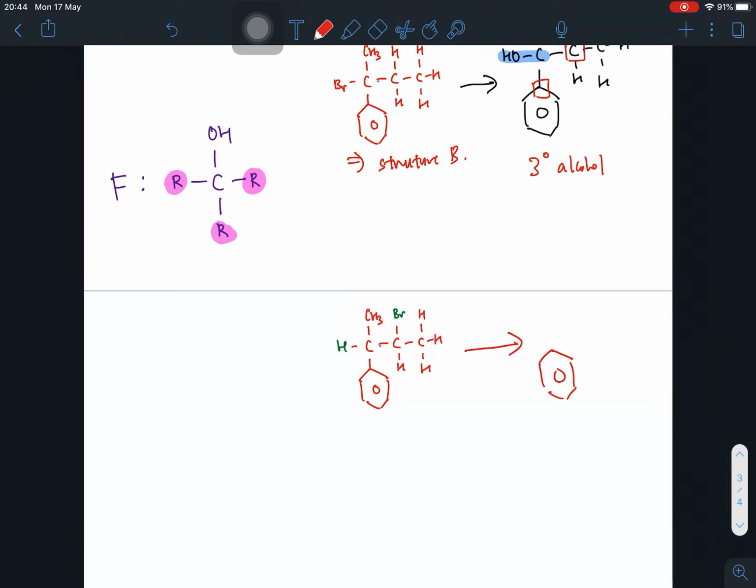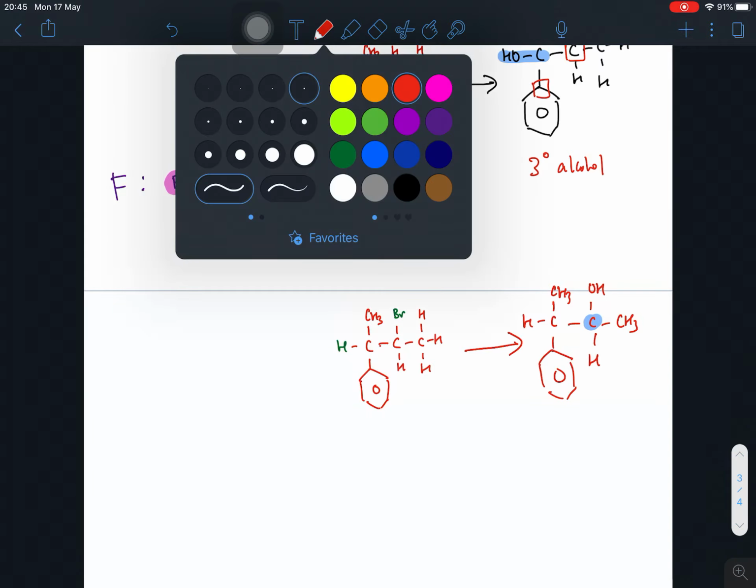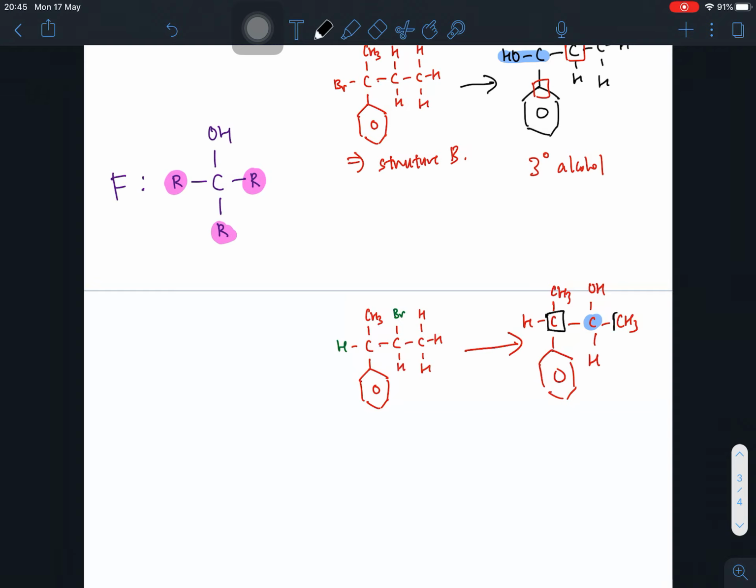So when I sub it inside, this is going to form a secondary alcohol. That's because this carbon has 2 immediate carbon neighbors. This is a secondary alcohol.